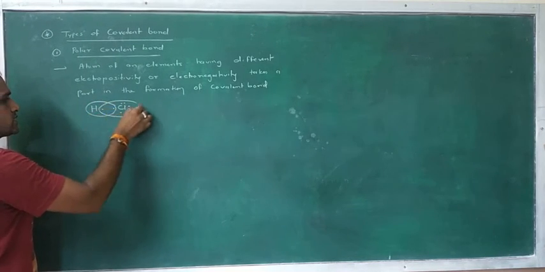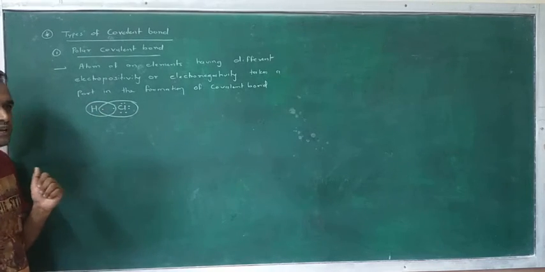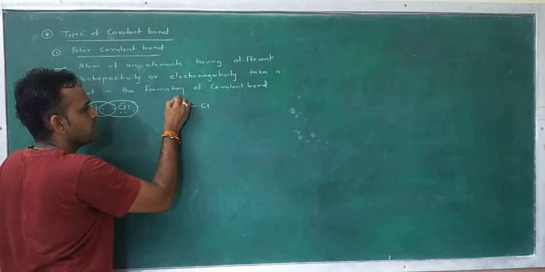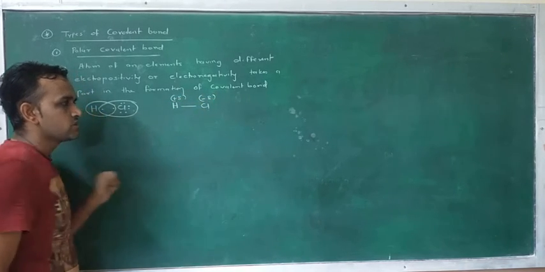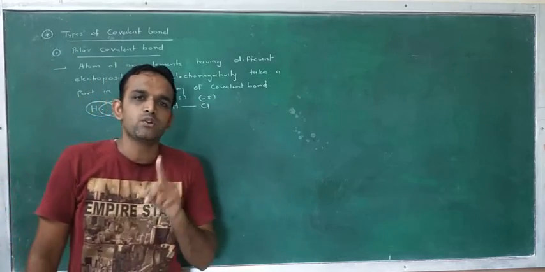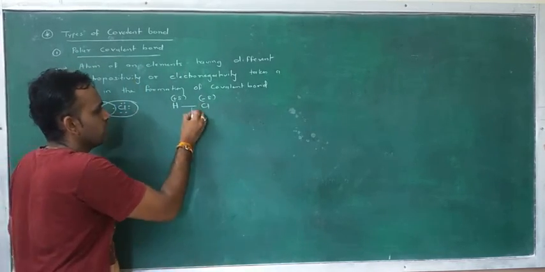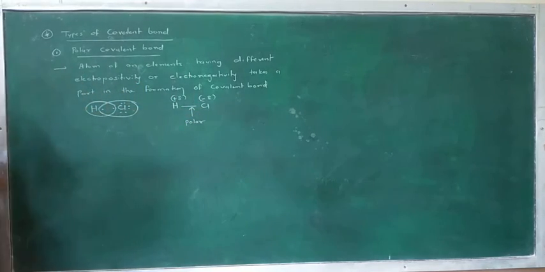The bond formed between them is polar. Why? Because H carries a partial positive charge and Cl carries a partial negative charge, since chlorine is more electronegative than hydrogen. So the bond is said to be polar. Understand?